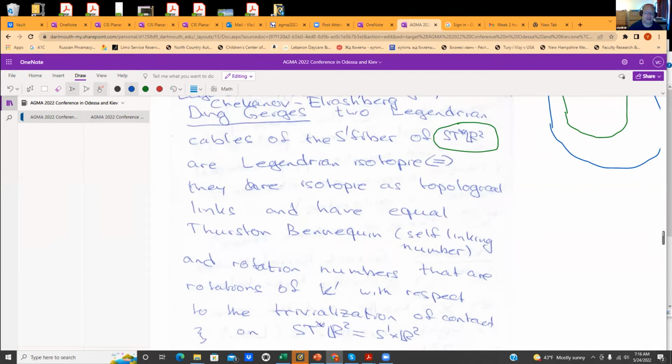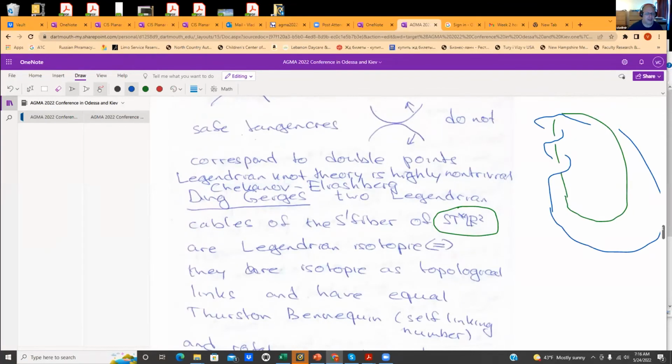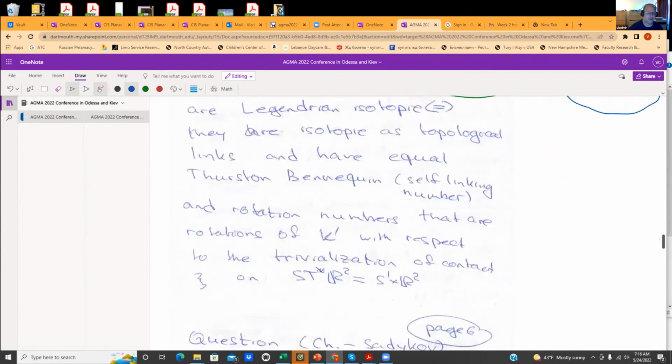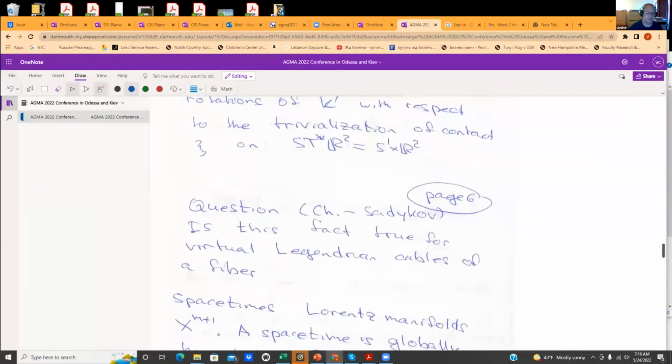To be Legendrianly simple means that the classification of Legendrian knots in this topological class is given by two numbers, the rotation number and the Thurston-Bennequin number. So we suspect that the same is true for virtual Legendrian knots.